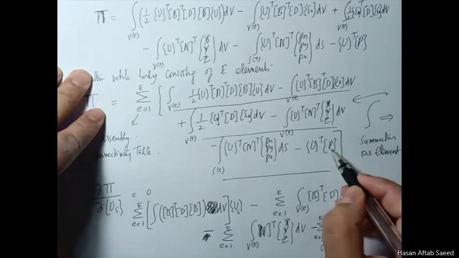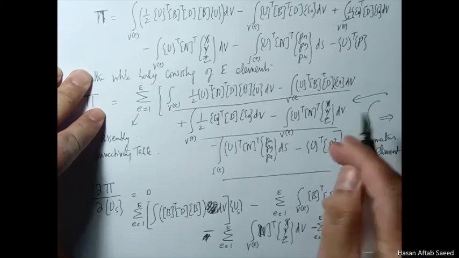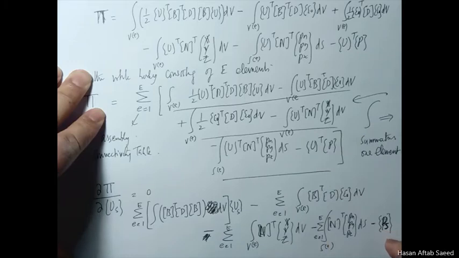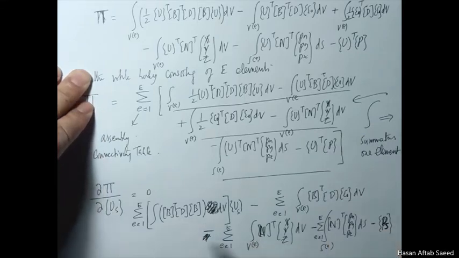And this P, which was the nodal values of the element only, now will generate the nodal values of the whole system, and this whole thing becomes equal to 0.